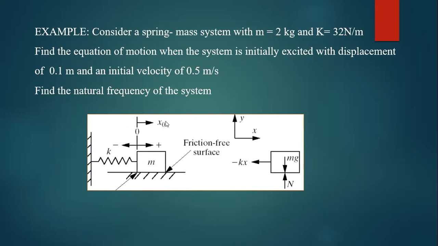Then from this, x naught is given, with the positive direction this way and negative the other way. The stiffness is given in the form of a spring, and the lumped mass is M, and the surface on which the mass is sliding is frictionless.